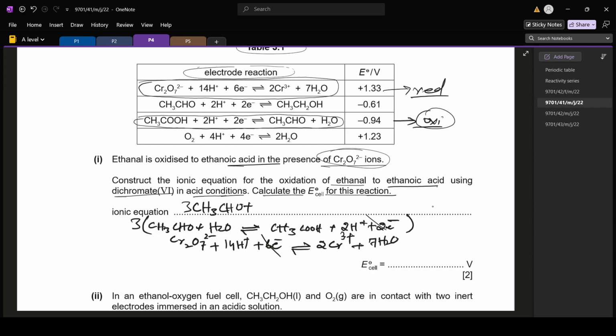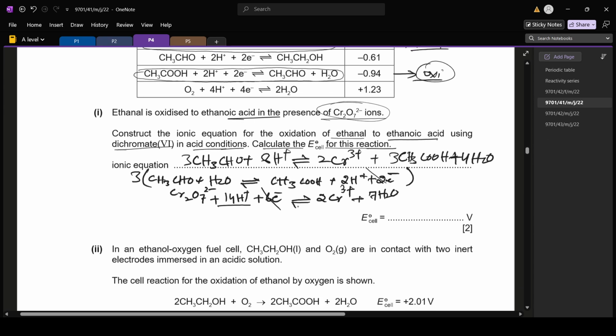There are 14 H+ ions on the left side, and after multiplying by 3 you have 6 moles of H+ ions on the right-hand side, so there are going to be 8 moles of H+ after subtraction, then chromium 3+, ethanoic acid, plus 4 moles of water.